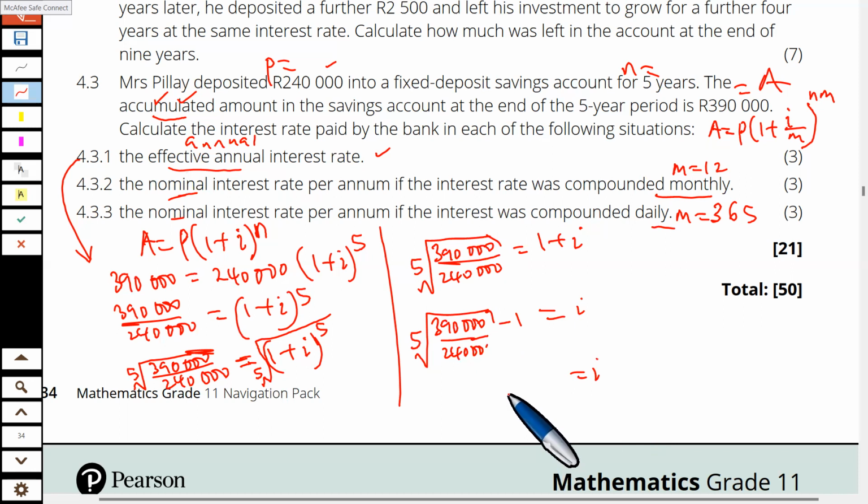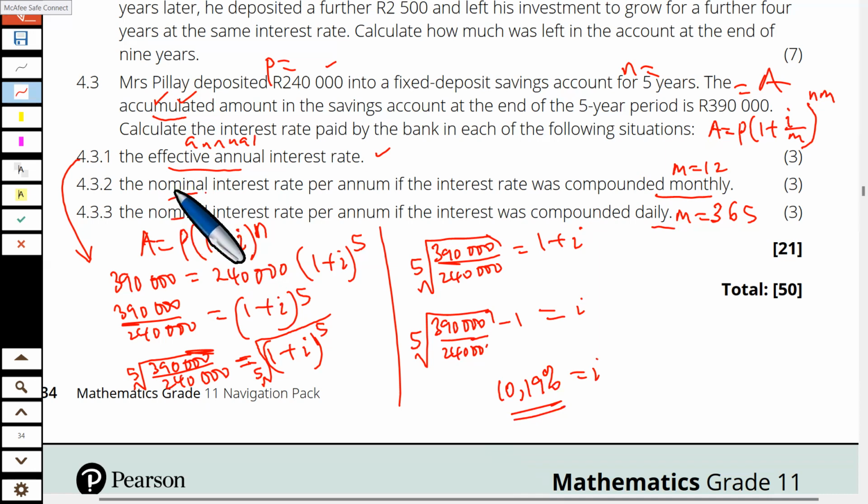So you do this. Then you have 1.19. All right, so you have this. Okay, so that is the effective rate.